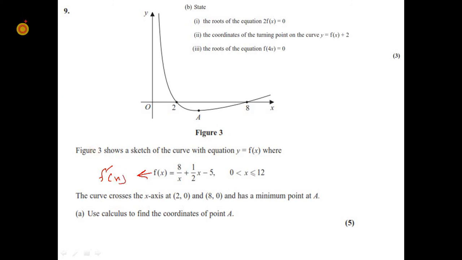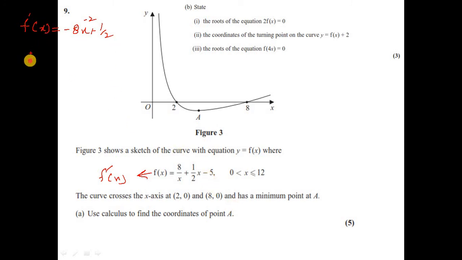So f dash of x would be equal to, if you differentiate 8 by x, it will give you minus 8 x to the power minus 2, plus half, because the derivative of minus 5 is 0.